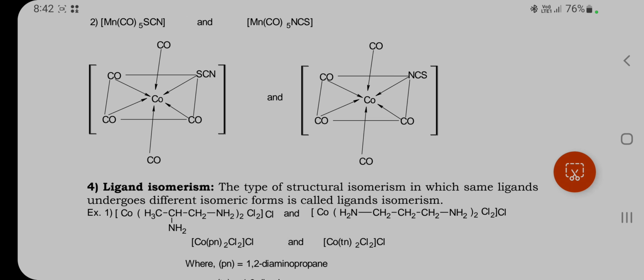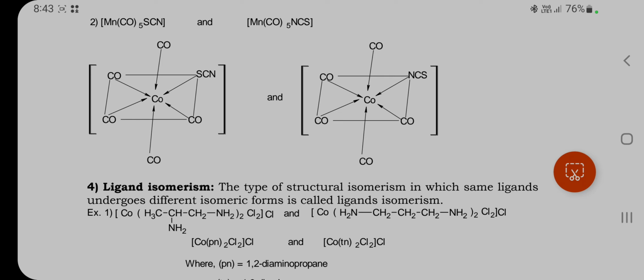In the second example, you can see the thiocyanato ligand. In the first example, the sulfur atom of the thiocyanato ligand is linked to the cobalt, whereas in the second example, the nitrogen atom of the ligand is linked to the cobalt.